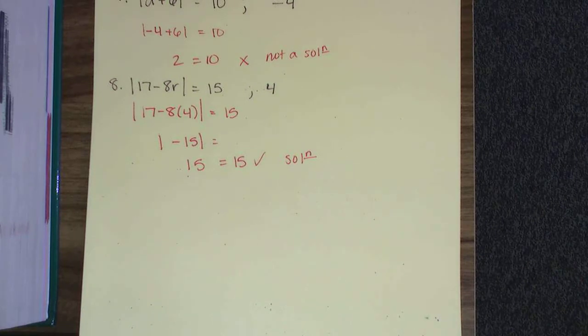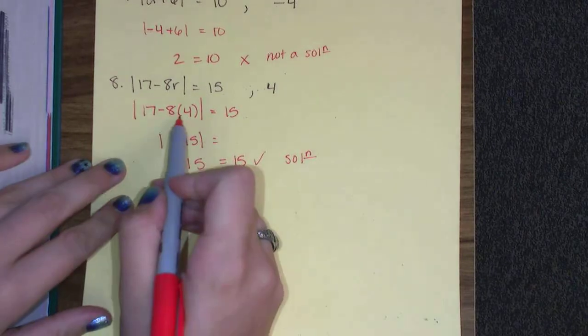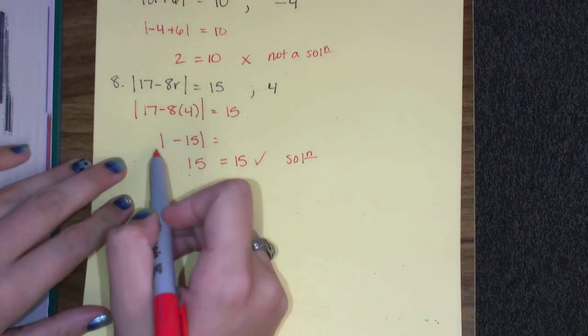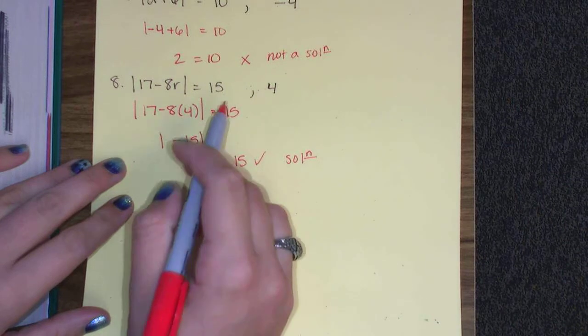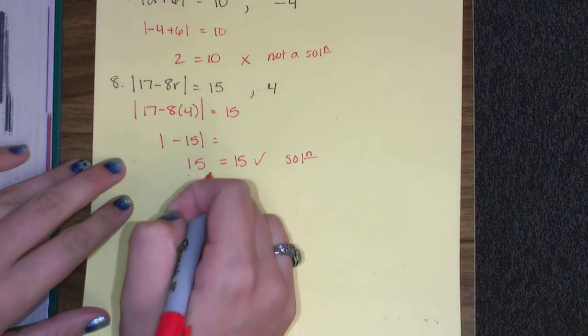Because you have to wait until you're done with everything inside of it and then do it. Okay, 17 minus 32 is -15, but it's an absolute value, meaning it's going to make it positive. So positive 15 is equal to positive 15.